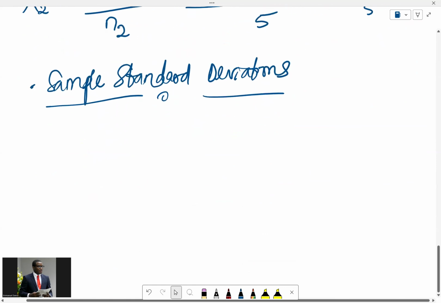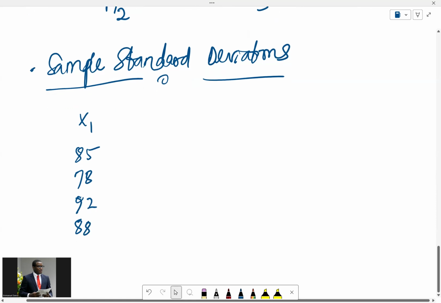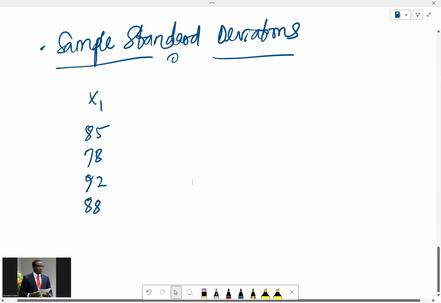So for x1, we have 85, 78, 92, 88, and 75. Now we can do x1 minus x1 bar all squared.